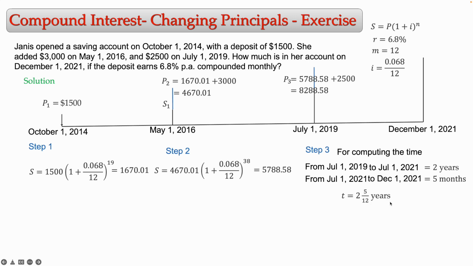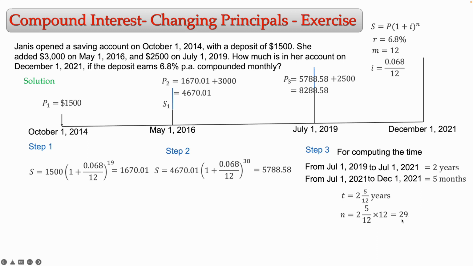And then multiply by 12 because this is monthly. So we multiply by 12 to know how many compound periods. So it will be 2 plus 5 over 12 multiplied by 12. If you do that, the answer is 29. Obviously, you can notice that in 2 years, there are 24 months, plus 5 months more, it will be 29.